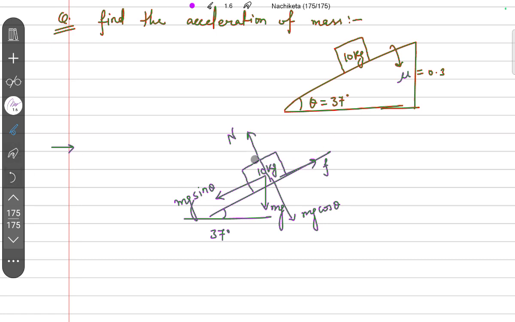So perpendicular to incline, net force must be 0. Cos 37 is 4 by 5, so N is 80 Newton. Yes.